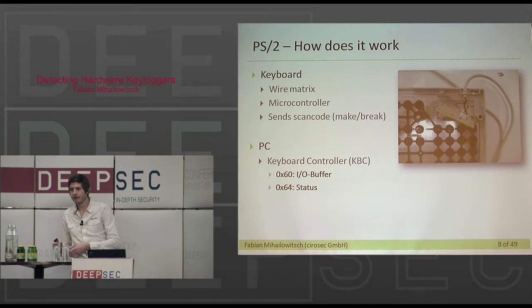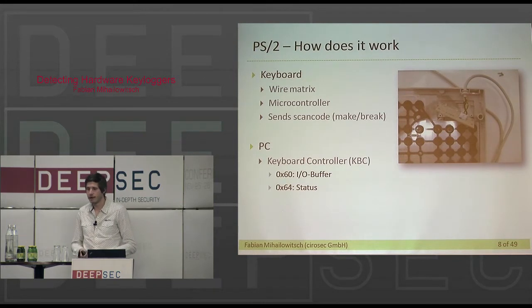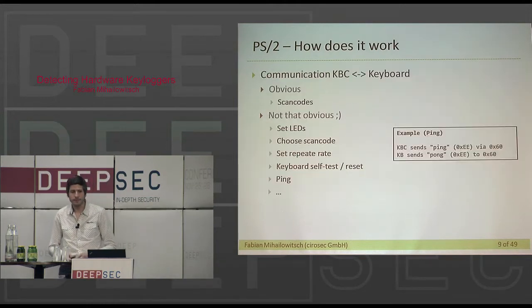On the PC side, you have a keyboard controller that receives all the keystrokes and can be accessed via port 60 to retrieve the data, and port 64, which is a status port. The obvious communication, of course, is the keyboard sends scan codes to the KBC.